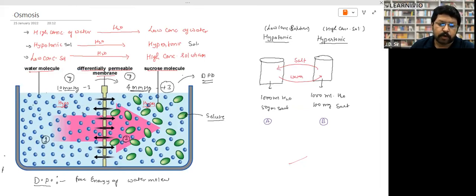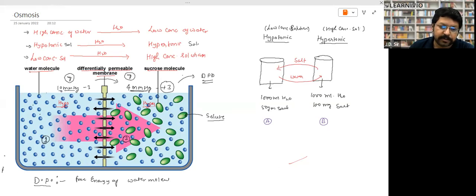The red arrow shows the movement of water molecules. When water molecules move from a lower concentration to a higher concentration solution, these water molecules have more free energy, so they will impart a pressure on this semi-permeable membrane, and that pressure will be termed diffusion pressure. Clear? So pure water, or a low concentrated solution, has more diffusion pressure, and a high concentration solution will have low diffusion pressure.